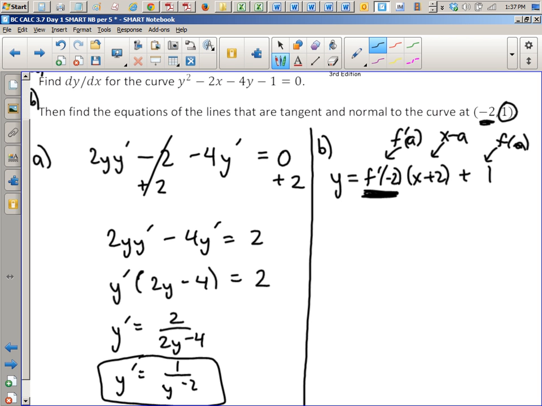Well, it's supposed to be found using your answer for part A, right? So if x is -2, y is 1, which means that the slope is going to be right in front of this x plus 2. It's going to be 1 over, and then what am I going to put here?